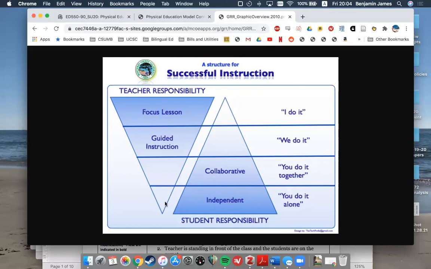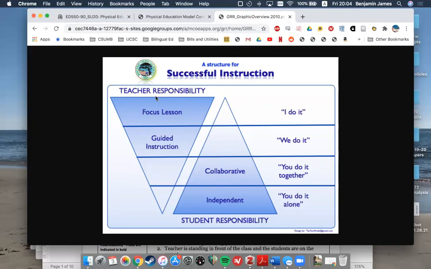The structure of the gradual release of responsibility is these 2 triangles, meaning it starts from top to bottom and moves its way down. As the lesson progresses, in this case the single lesson, the teacher's responsibility starts being the most. And then as the lesson continues, the student's responsibility, represented by this triangle here, gets bigger and bigger.